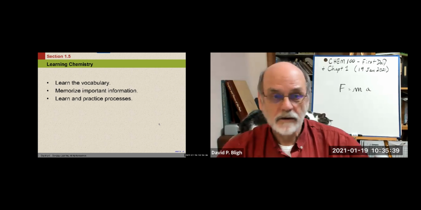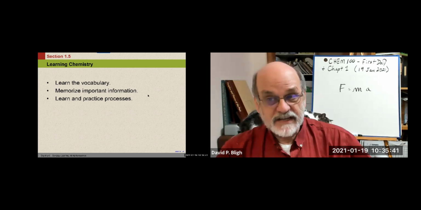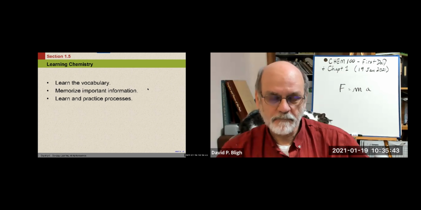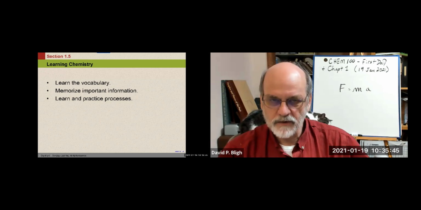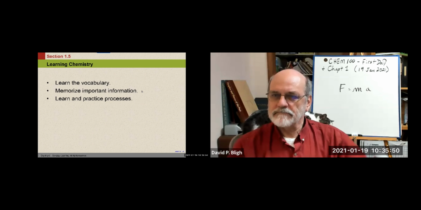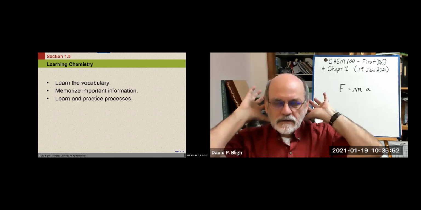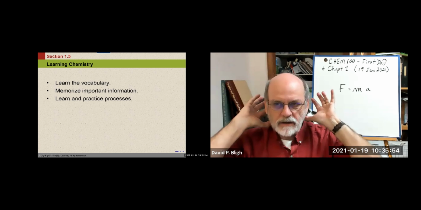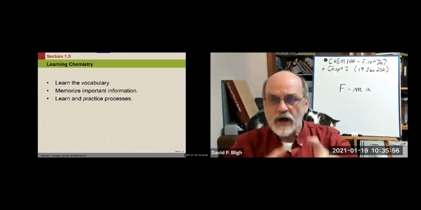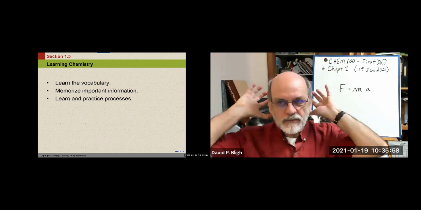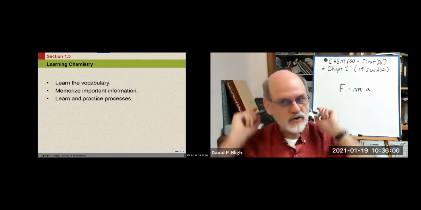It's best taken in small doses and accumulate memory, memorize things, accumulate that memory. And then once you have those things in your long-term memory, then you can use them to solve problems. Until they're in your memory and easily accessible, you can't solve problems.